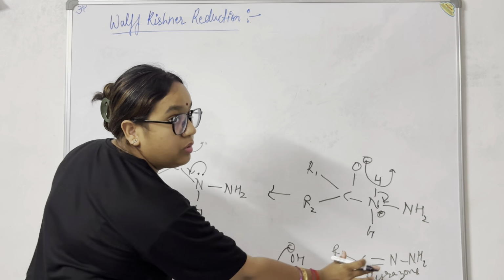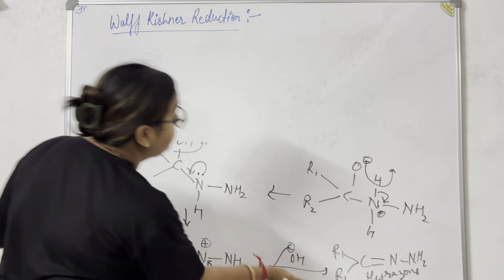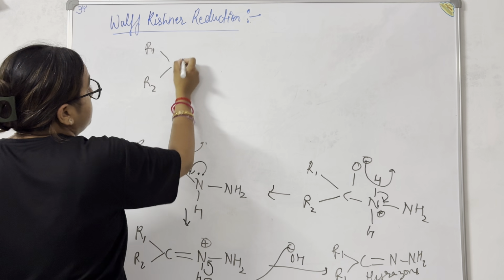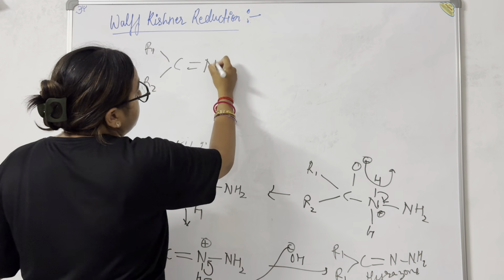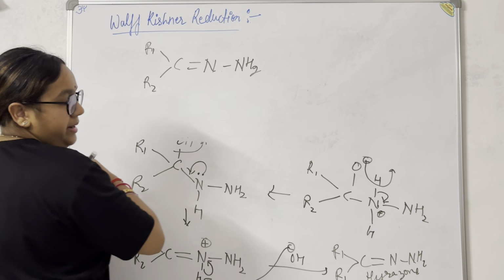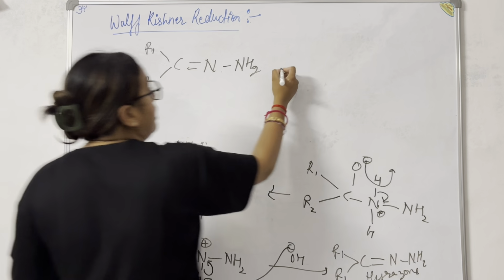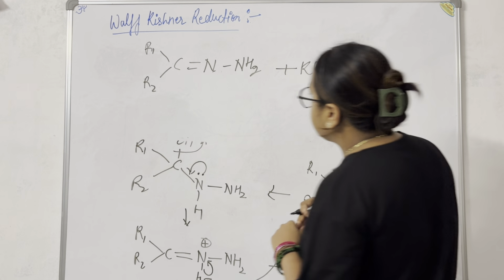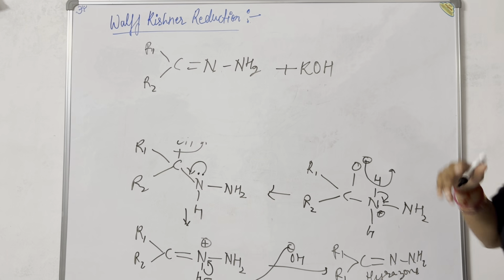Same structure. R1, R2 attached to the carbon, doubly bonded nitrogen, single bonded NH2. Okay. We have it. Now, in the presence of KOH, what will happen?